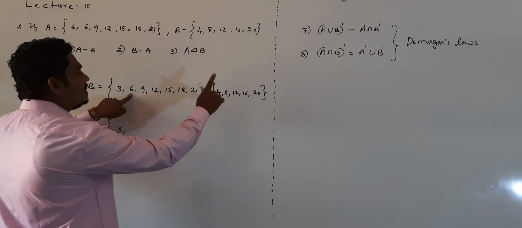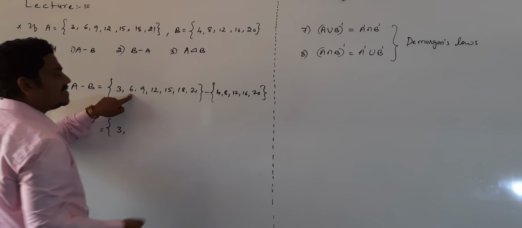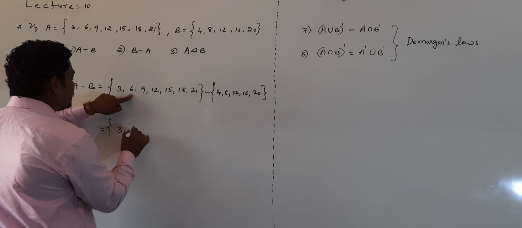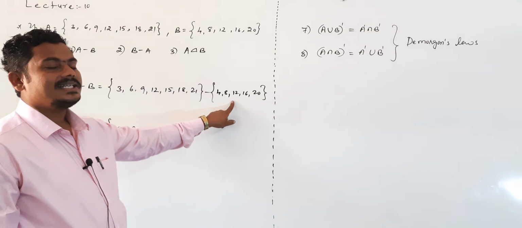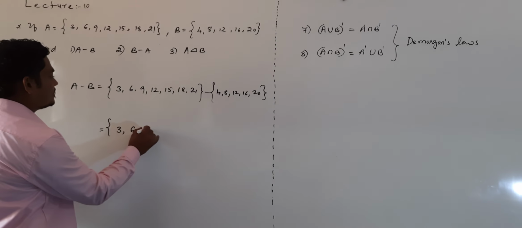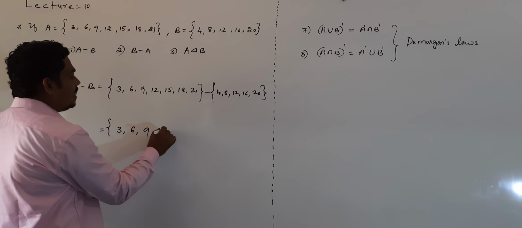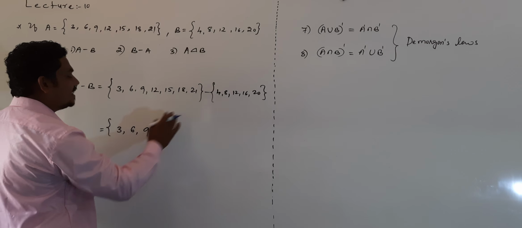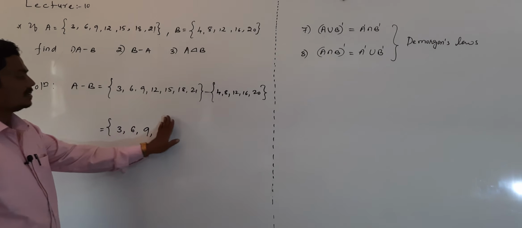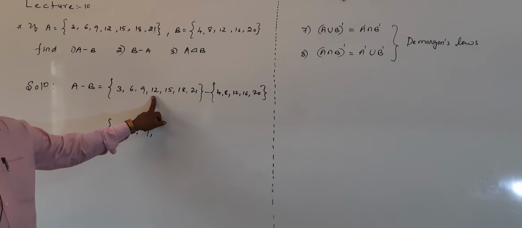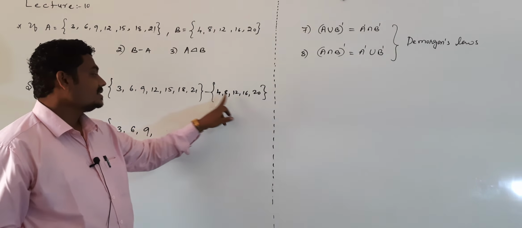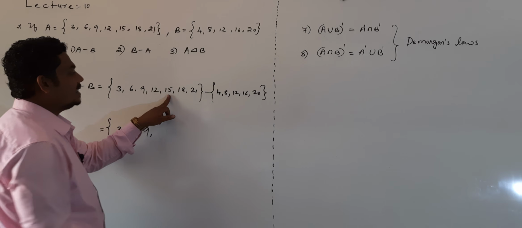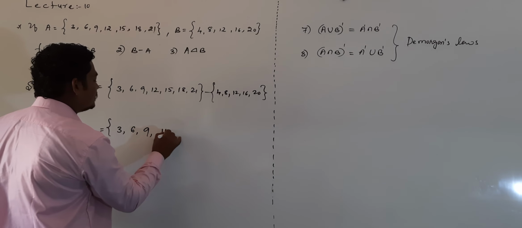6 is present in the first set but not in the second set, so we can write 6. Then 9 is not in the second set. 12 is in the second set, so no need to write 12. 15 is not in the second set.